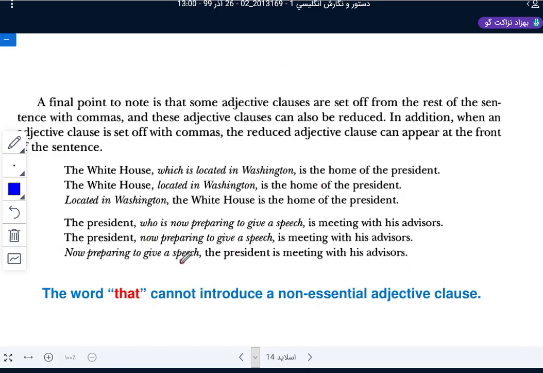And as you see, we have the reduced clause in non-essential adjectival clauses. We can reduce the non-essential adjectival clauses, and after the reduction we can move it to initial position. So these are the sentence varieties.